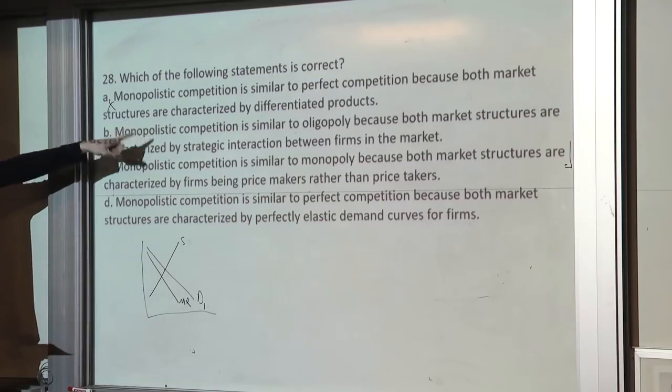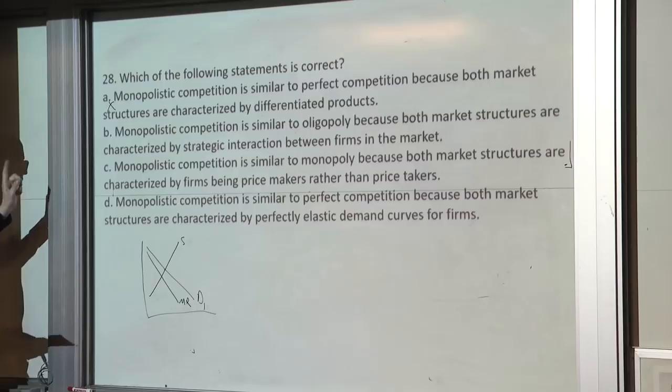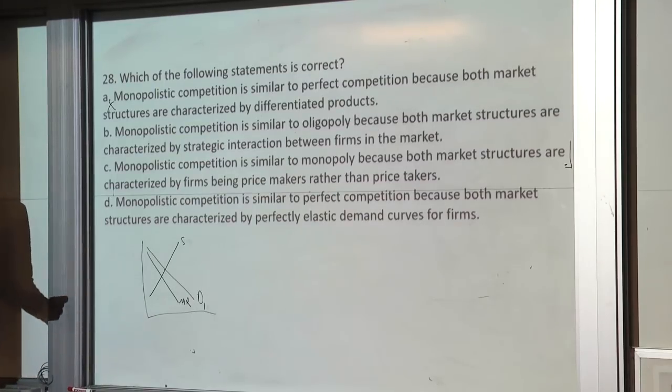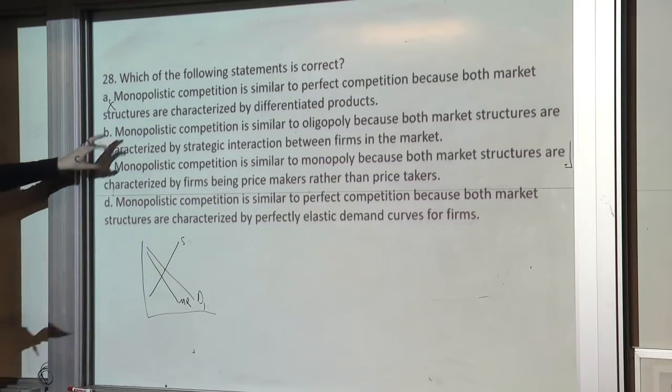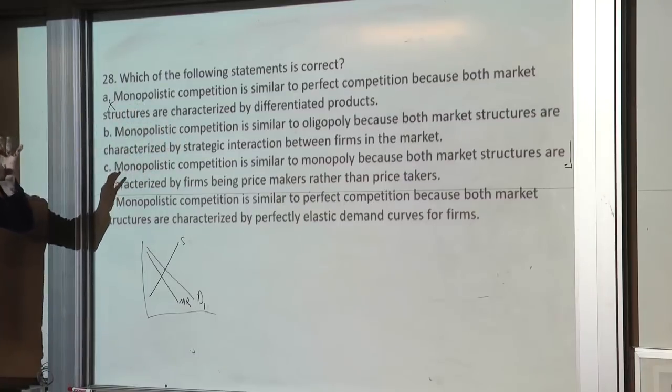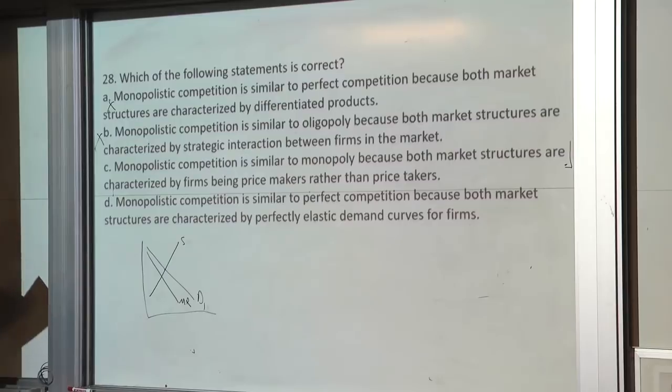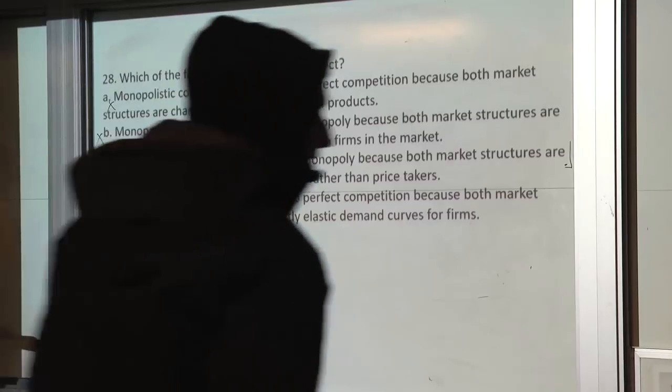Monopolistic competition is similar to oligopoly because both are characterized by strategic interaction between firms in the market. Well, in monopolistic competition, there are still many firms, okay? So they're not going to be strategic with each firm in the market because there's no way to coordinate. So that's also wrong.